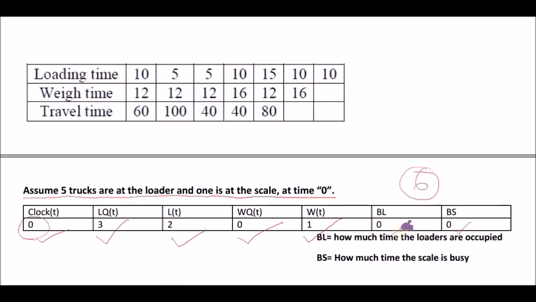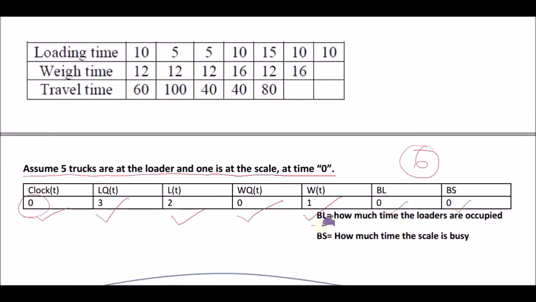So BL, like I said, indicates how much time the loaders are occupied, and BS represents how much time the scale is busy. It's basically saying how many minutes, if you take minutes, which I think would be appropriate, the loader was busy and how many minutes the scale was busy at this particular time instance. So BL and BS are going to be cumulative, because after this, when it's say clock 10, you have to account all the cumulative time that has occurred till time instance 10.